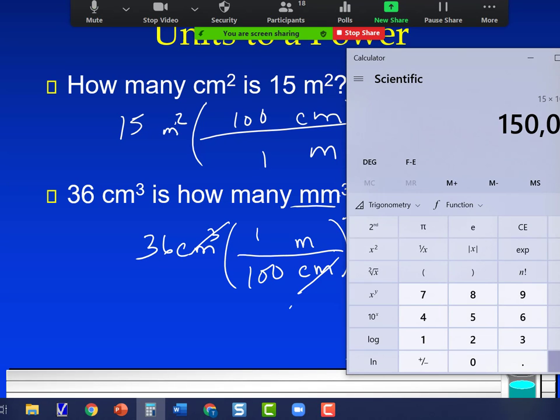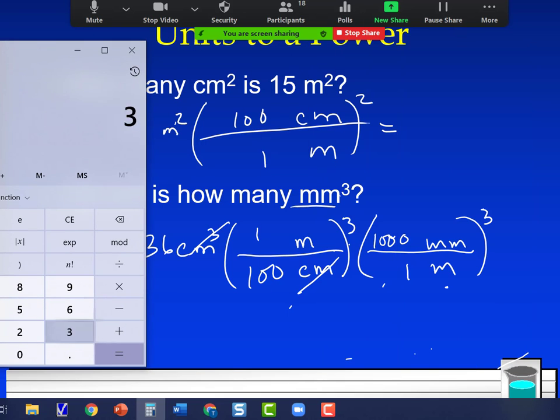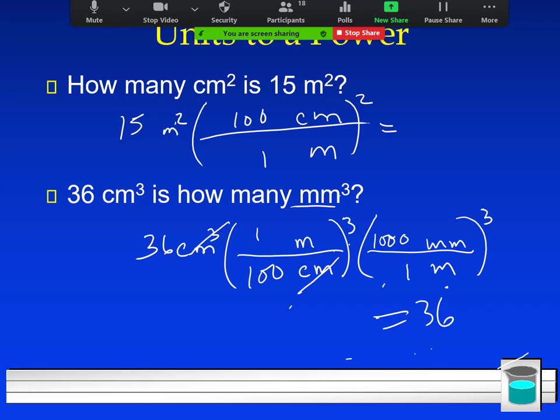So, there I go. 36 divided by 100 cubed times 1,000 cubed is 36,000. Okay? And the units are millimeters cubed.